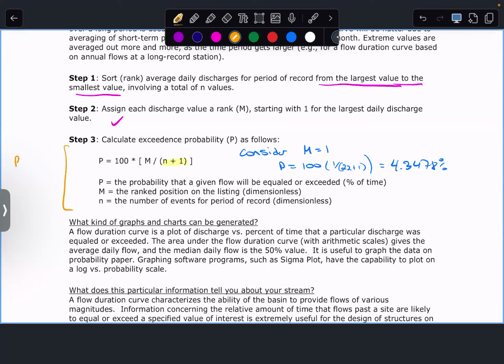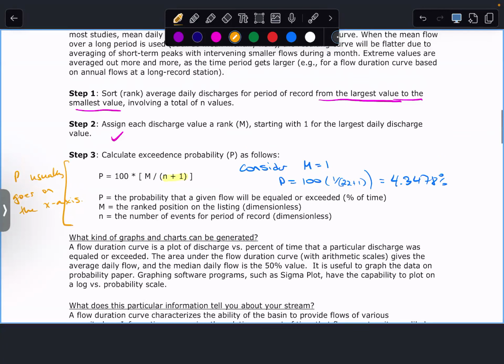P usually goes on the x-axis because we're interested in the flow, not the probability. Although you could switch it up, it doesn't matter. It's just how you read the graph.